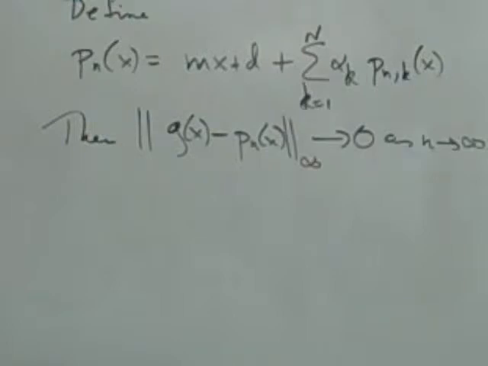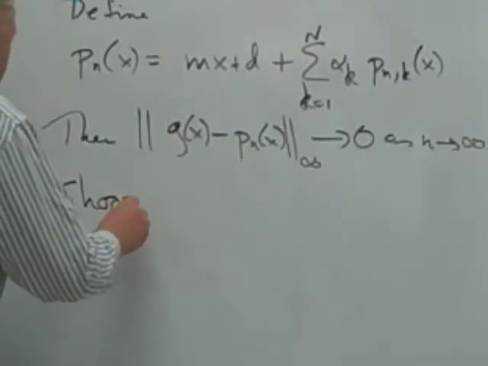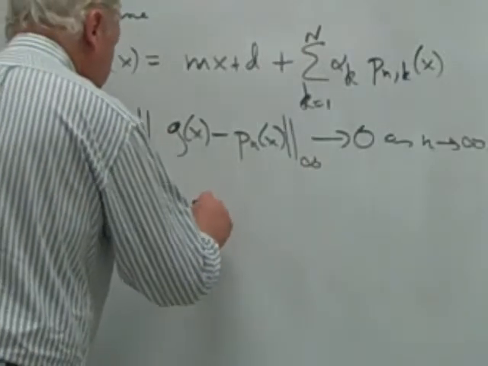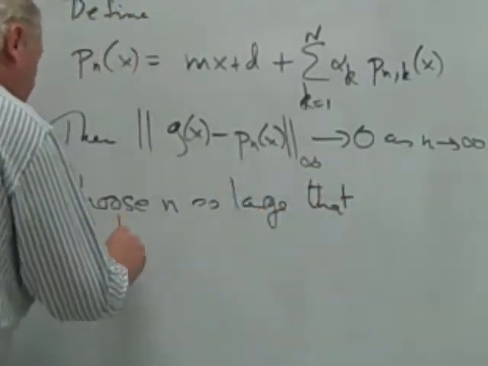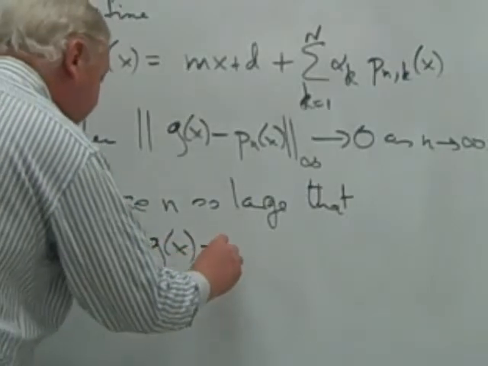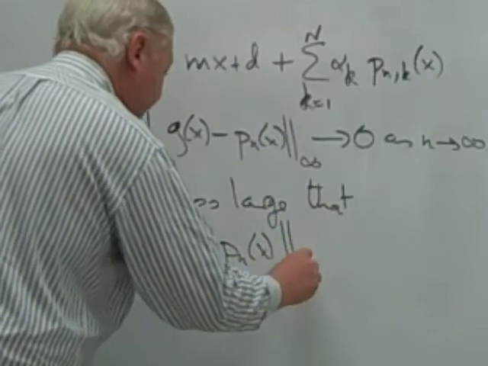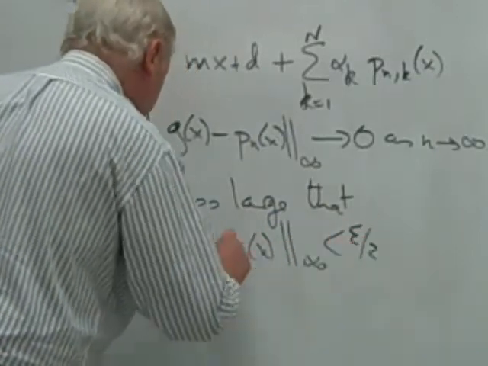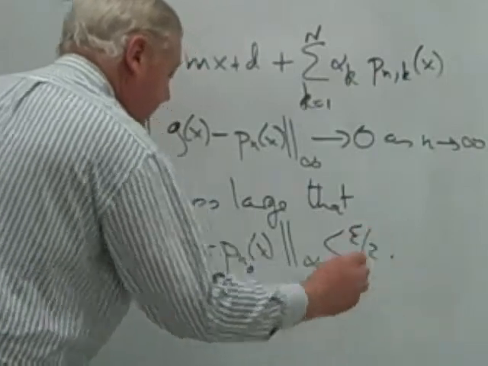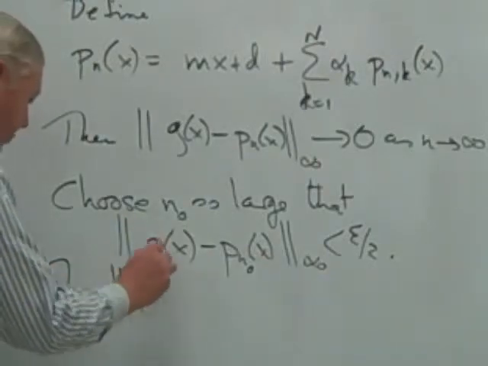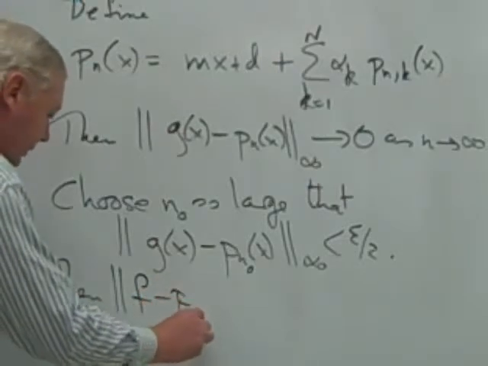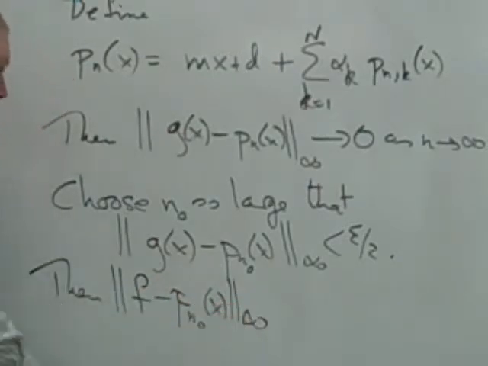Okay, so choose n so large that the infinity norm of g of x minus Pn of x is less than epsilon over 2. Maybe I should call it n 0. And then the triangle inequality gives us that our original function f minus Pn0 of x, infinity norm, will be less than epsilon.